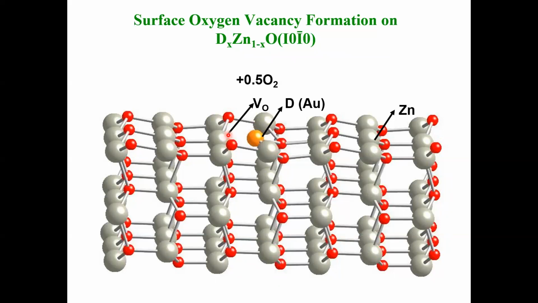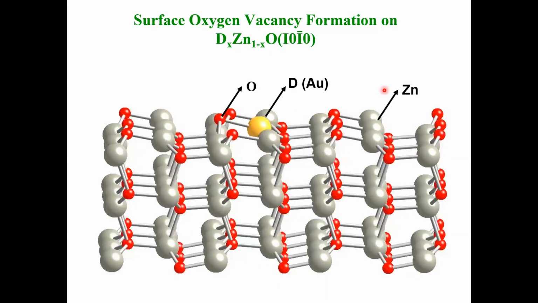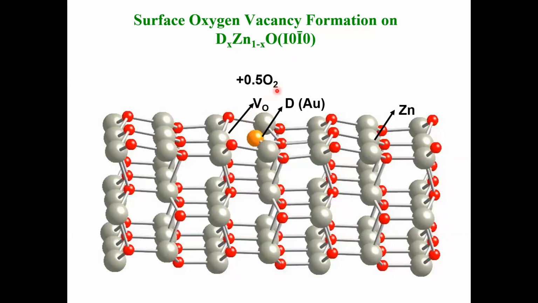So there are three calculations involved: the total energy of this system, total energy of oxygen in the gas phase, where I'm going to use half O2, and the total energy of this system. So this is going to give me the oxygen vacancy formation energy. As bond breaking is involved, it is an endothermic process.